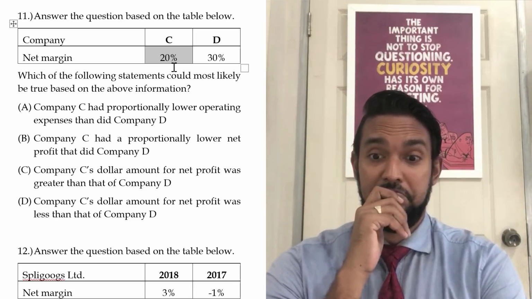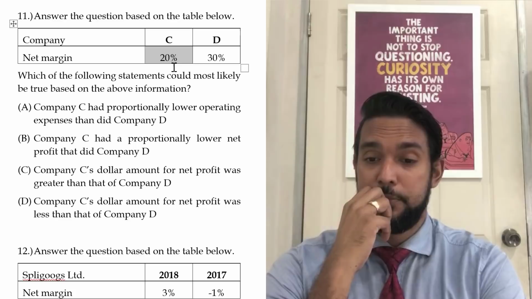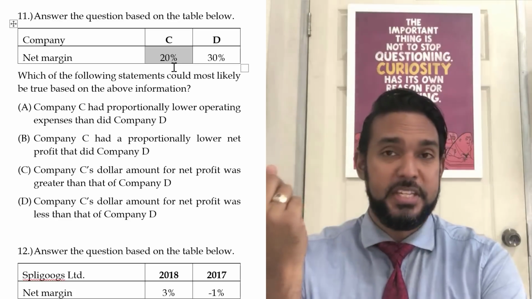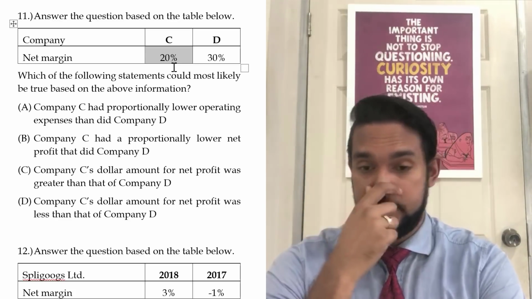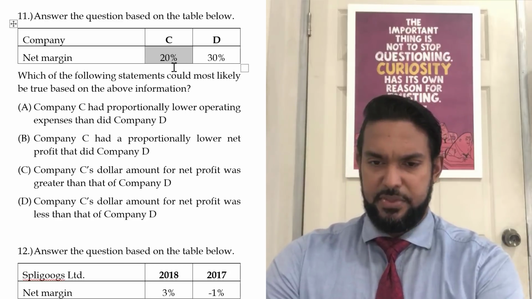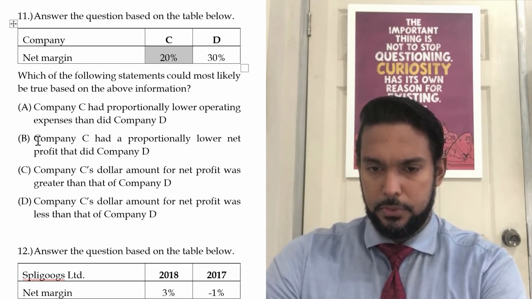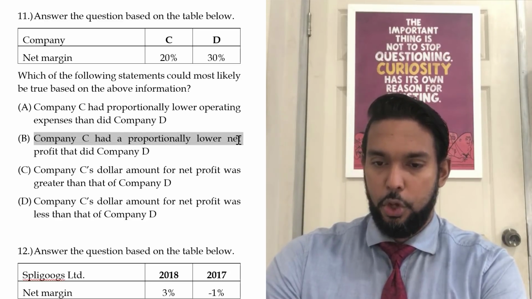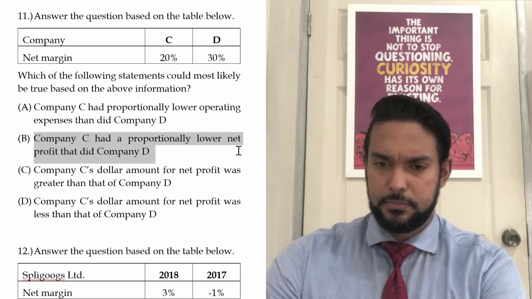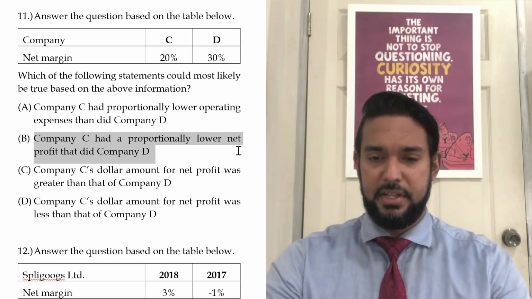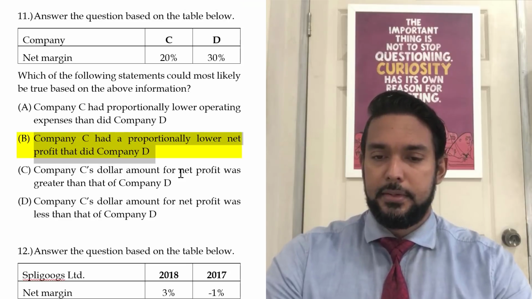So we don't know, we're not sure. We can't speak specifically to operating expenses. So maybe we could bypass everything with OPEX for now. Company C had a proportionally lower net profit than the company D. Well, that actually is the answer there. Nice simple answer.